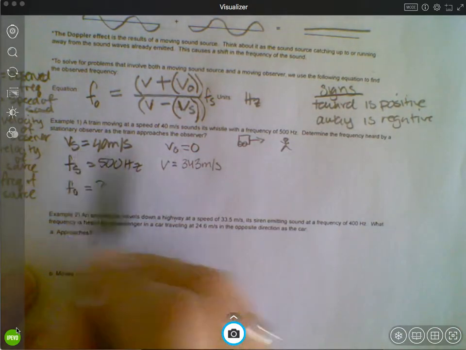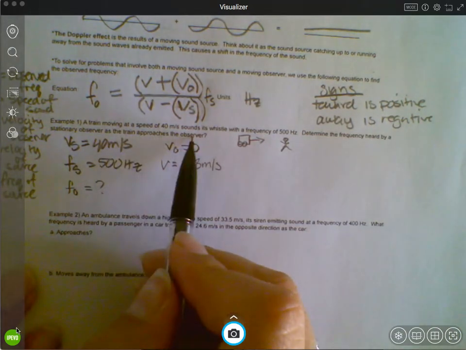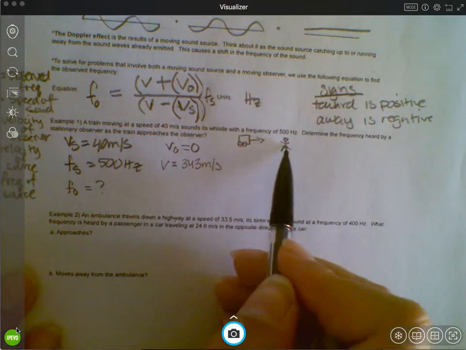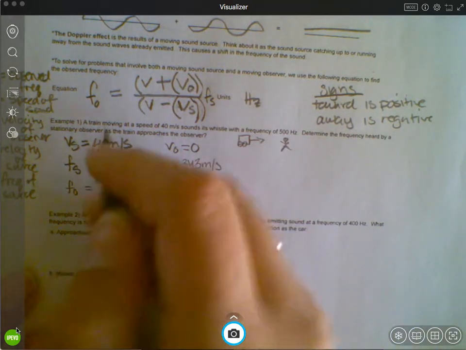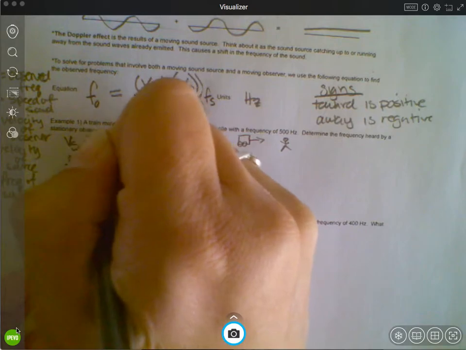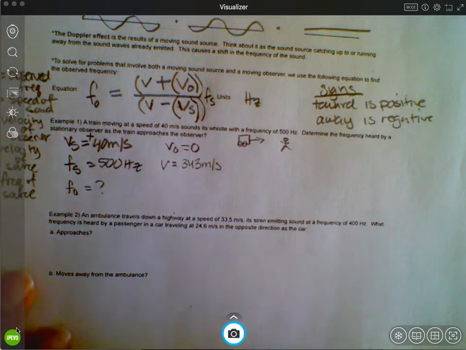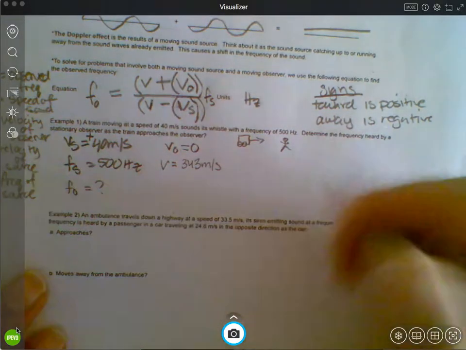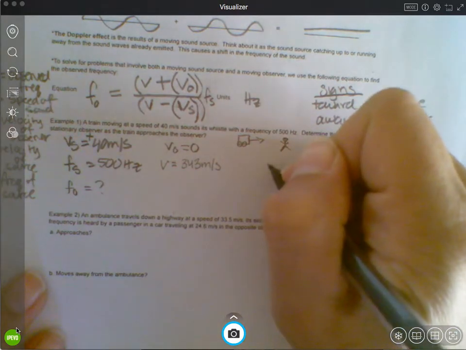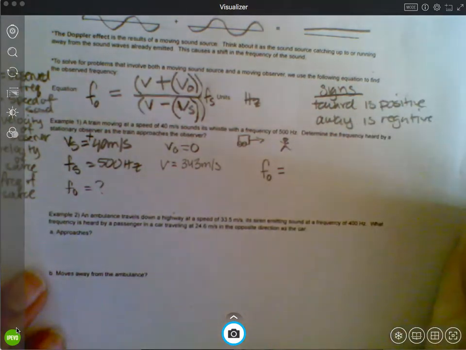The source is moving toward, the train approaches the observer, moving toward the person. So that means that this 40 meters per second is a positive 40 meters per second. Okay? So when we plug it in, we'll plug it in that way. So we have Fo, which is what we're looking for.